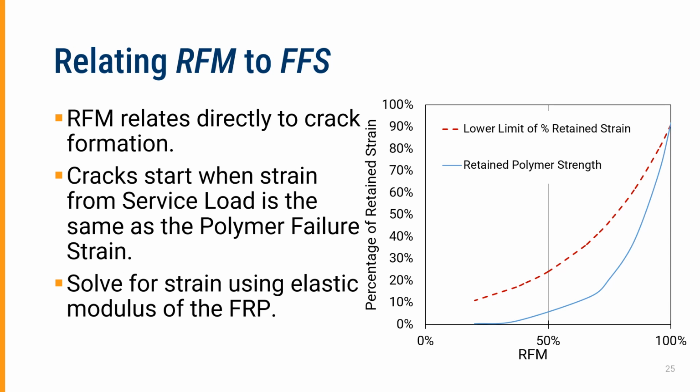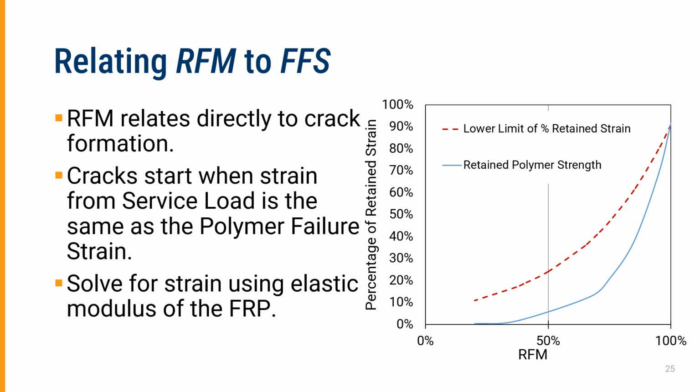And the way that we relate this indicator, RFM, to fitness for service is through structural evaluation of the polymer. We want to find the point where failure initiation or crack formation will start in the polymer that we're looking at.